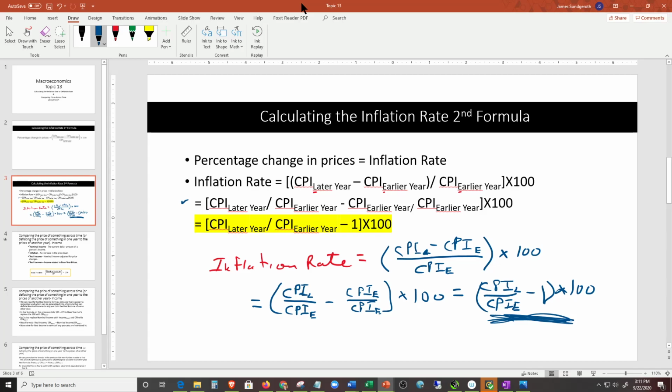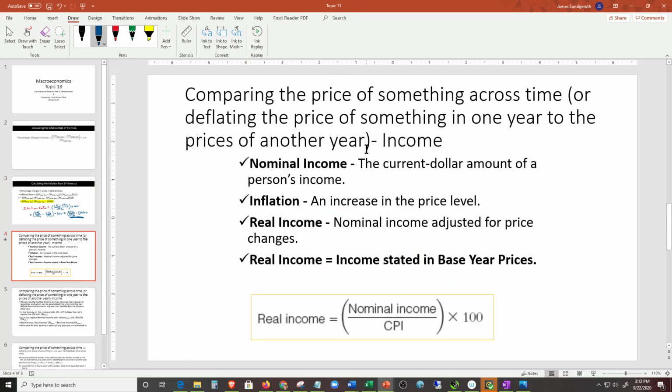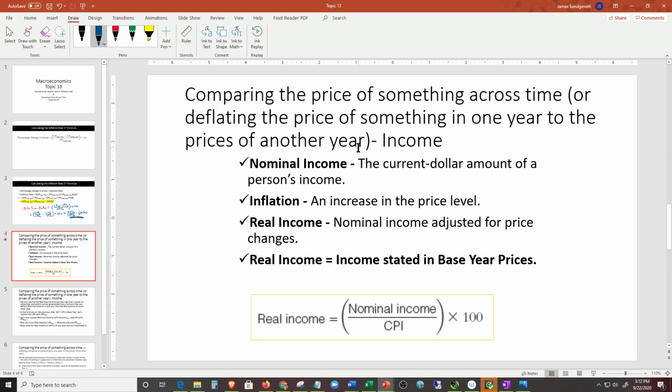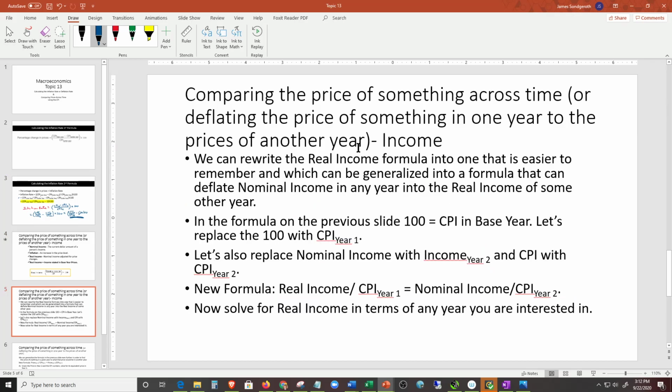And basically, if we subtract 100 from the index number, we can get the percent change in prices over the time period under investigation, and we might do that in a moment. So let's see what we have next. I want to see what I've done.